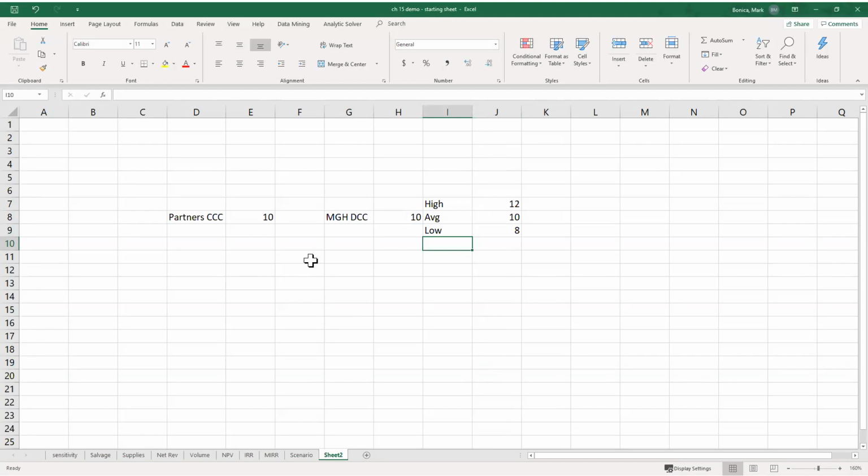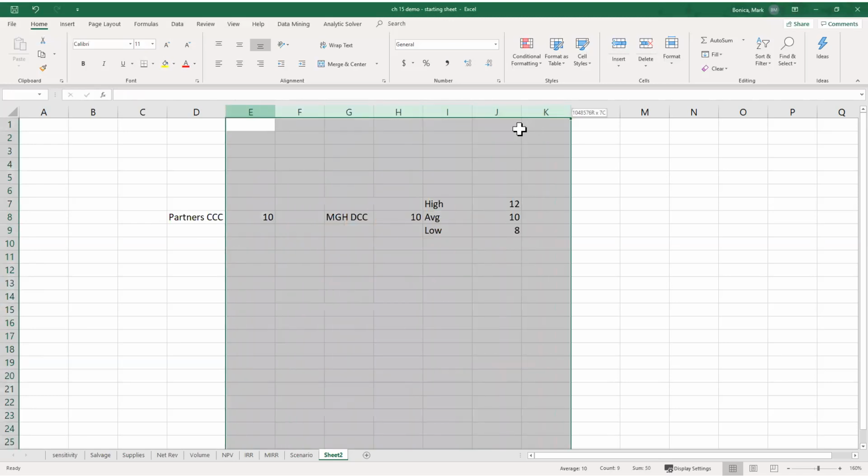So we have Partners, the parent company, and its corporate cost of capital is 10%. Then we have Mass Gen, which is a division of Partners, and the average risk of its projects is equal to Partners, so it has the same risk as Partners does. And then Mass Gen runs its own projects.